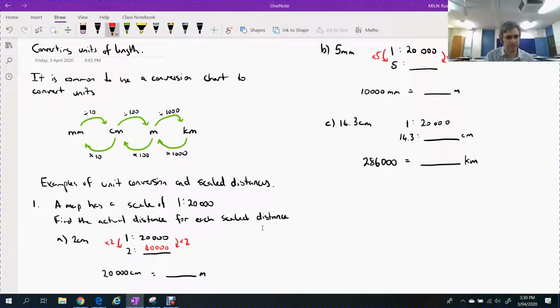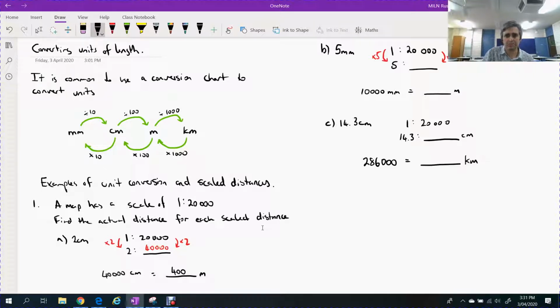So for our 2 centimeters, it would be 40,000 centimeters. 40,000 doesn't really mean much to us. So let's convert it to a unit that we do know. To get from centimetres to metres, divide by 100, tick off 2 places, it's going to be 400 metres. And 400 metres is a measurement that's much more recognisable than 40,000 centimetres.